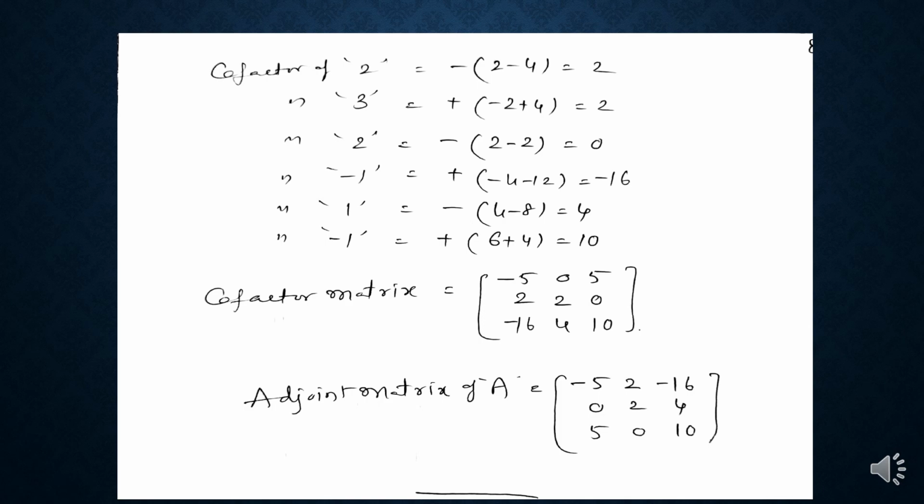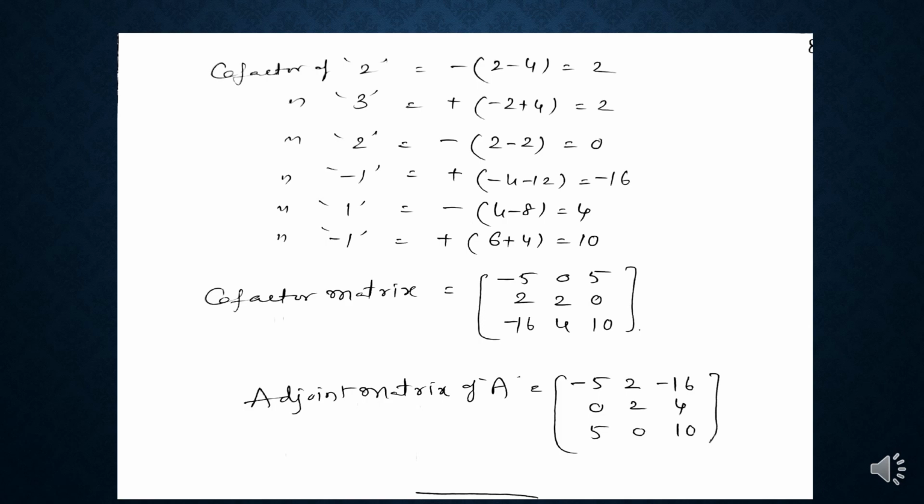And what is a cofactor matrix? By finding all the cofactors and keeping them in the place of the corresponding elements, that is called as the cofactor matrix. And what is the adjoint of a matrix?